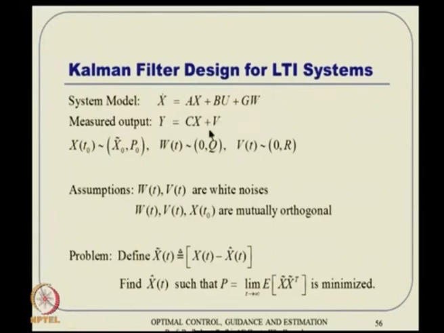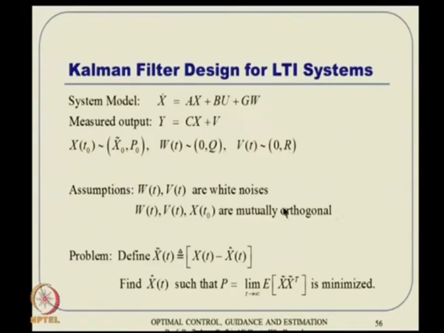They now start appearing in the system dynamics itself, and we assume that the initial condition, process noise and sensor noise have these characteristics. Especially, the process noise and sensor noise are zero mean white noise, and they are mutually orthogonal, which means the cross covariance matrix turns out to be 0.